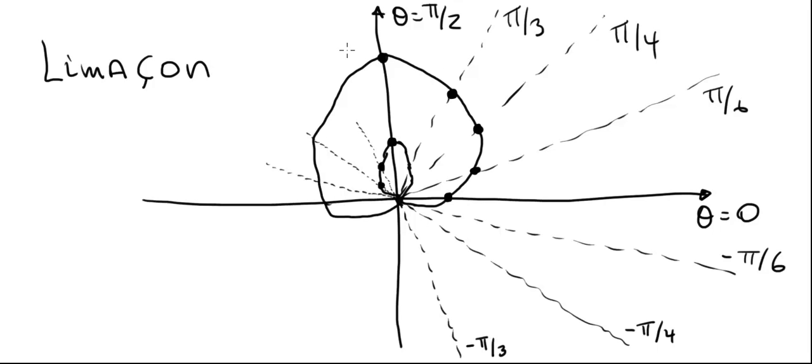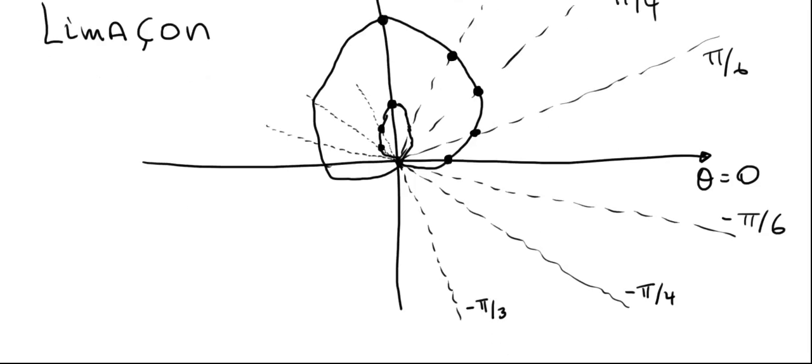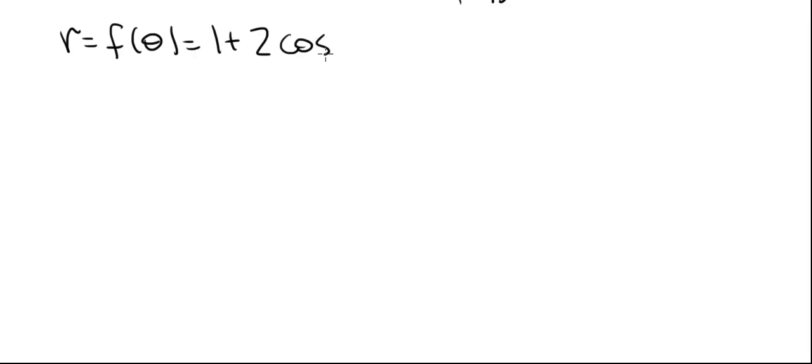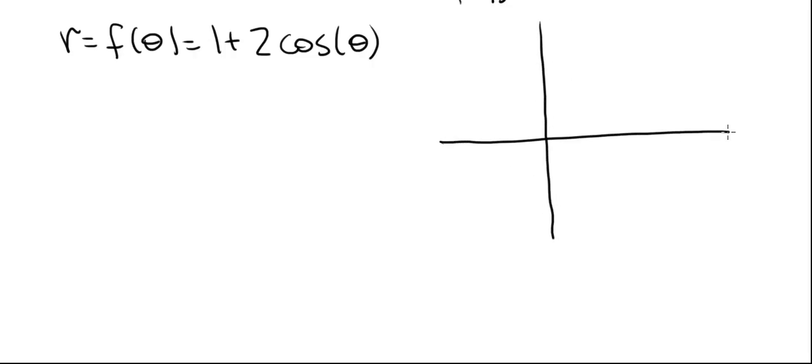Now, we could have obtained this graph in another way. Let me show you how to do that. In the video prior to this, we graphed r equals f of theta equal to 1 plus 2 times cosine of theta. This was also a limacon with an inner loop, and its graph looked like this.